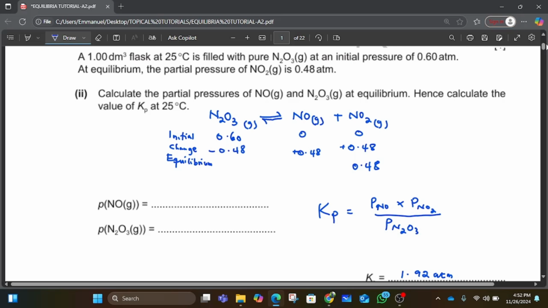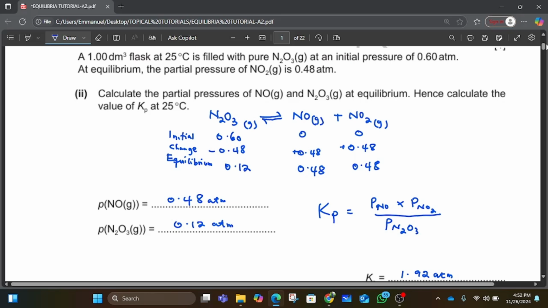And again, the initial plus the change must give you the equilibrium partial pressure. So it means this one will also be 0.48. And so this will be 0.12. So it means the partial pressure of NO is 0.48 atm. And that of N2O3 is 0.12 atm.